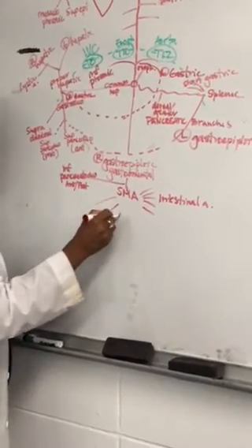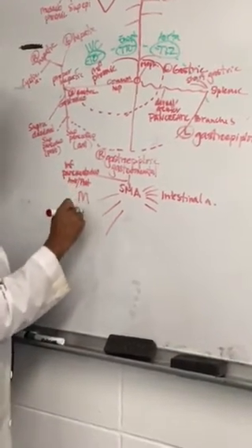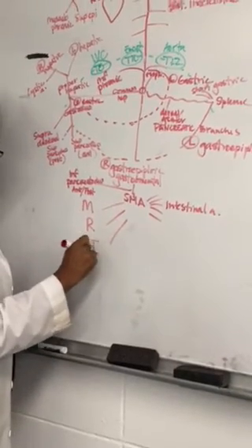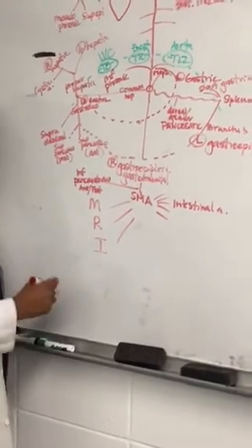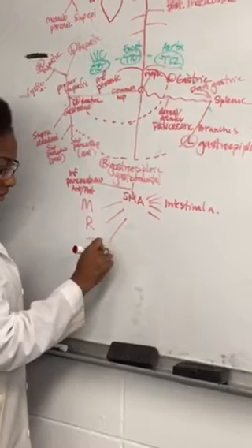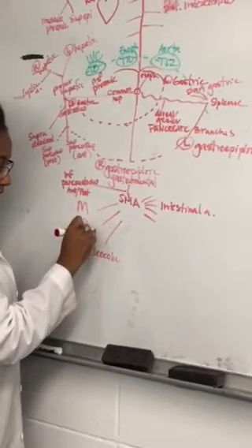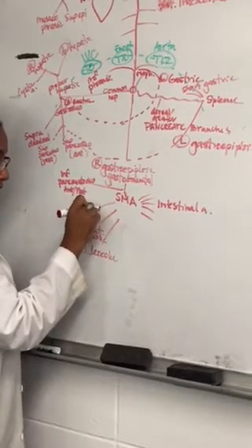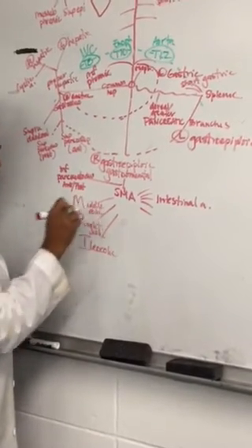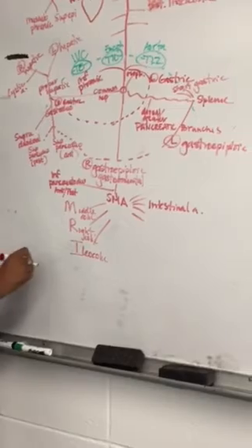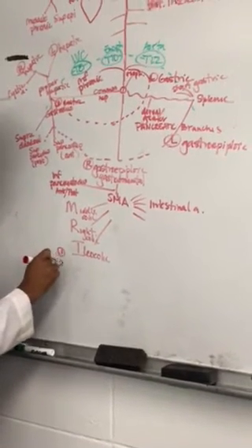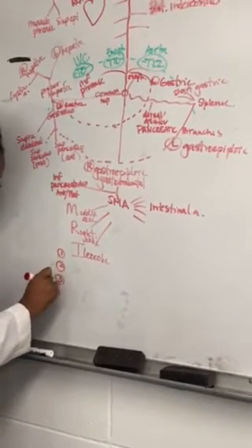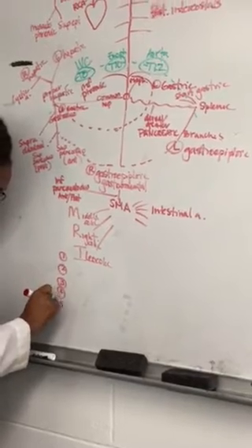Middle colic. So MRI is what I like to say. MRI: iliocolic, right colic, middle colic. And so based on Dr. Rochure's lecture, he said that there were 5 branches of the iliocolic. What were those?